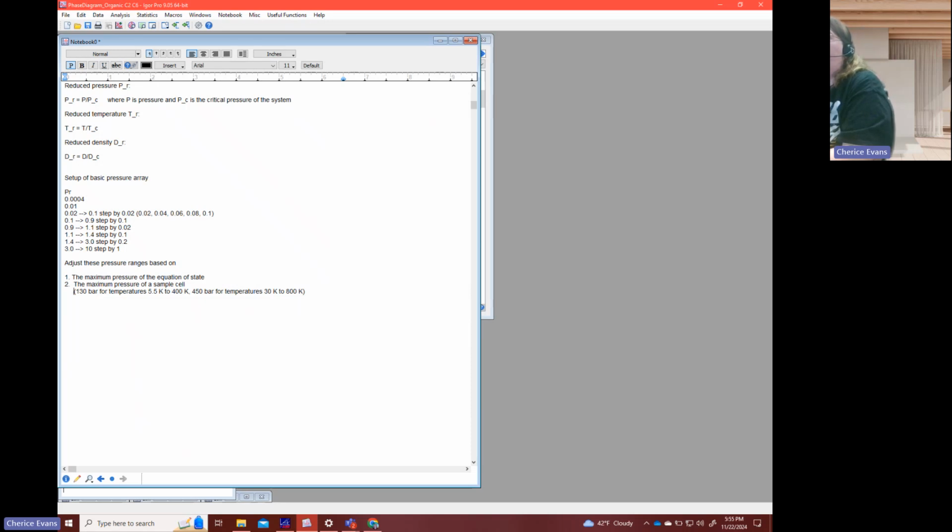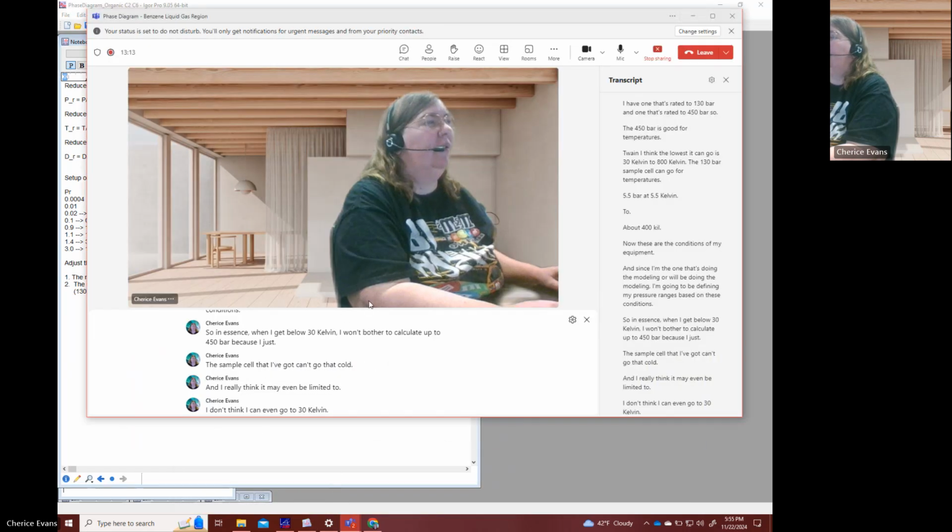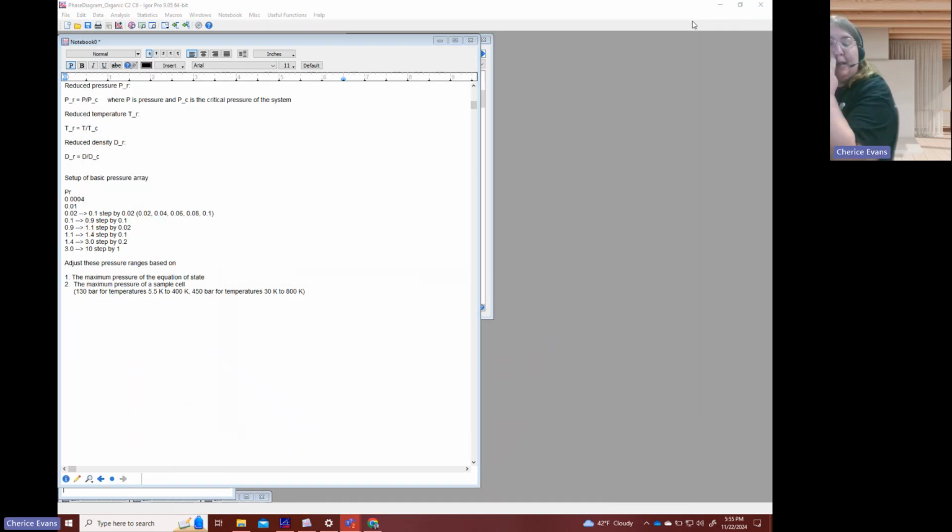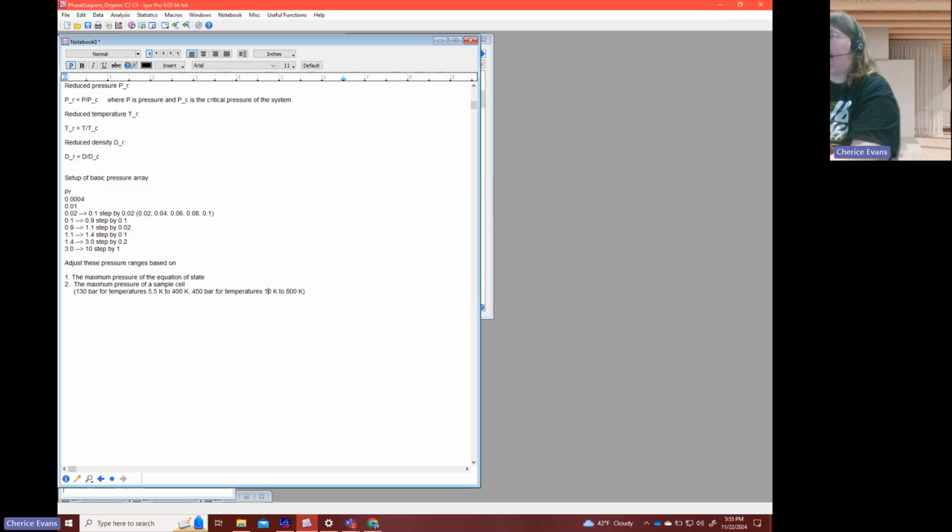So in essence, when I get below 30 Kelvin, I won't bother to calculate up to 450 bar because the sample cell that I've got can't go that cold. And I don't think it can even go to 30 Kelvin. I think it may be limited to more like, let's say 100 Kelvin, because it's a big cell.